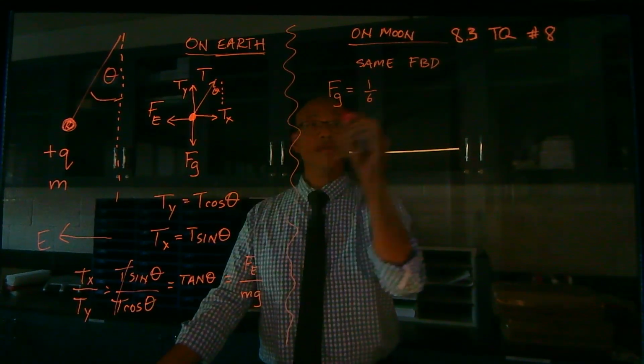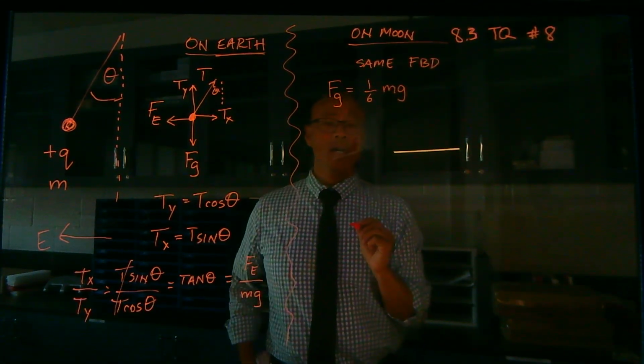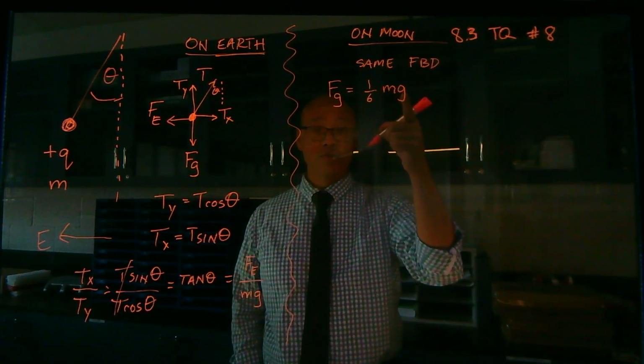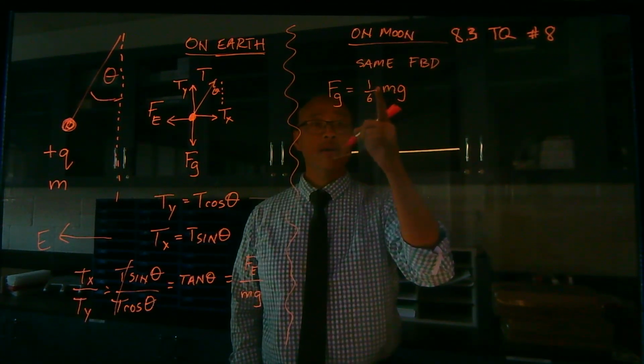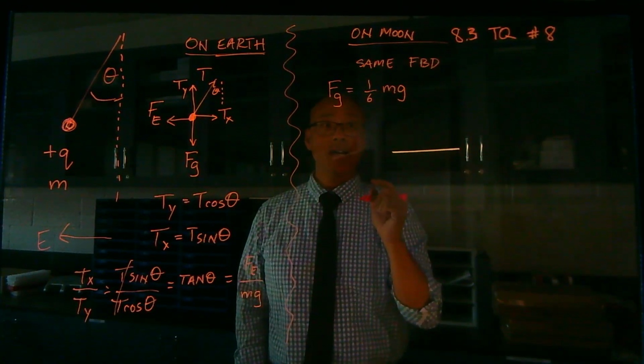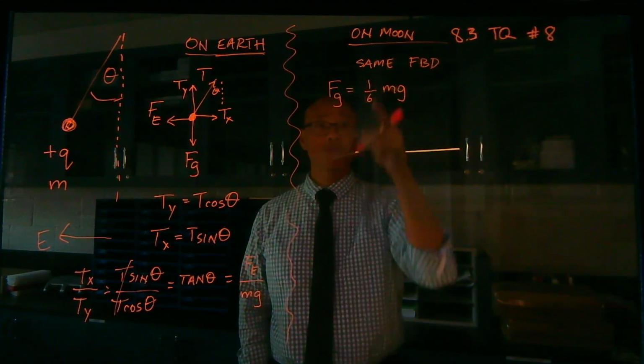Fg on Earth is mg, where g is the acceleration due to gravity on Earth, and on the moon, the acceleration due to gravity is 1/6 of that. So that's where that 1/6 comes from. So that's Fg on the moon.